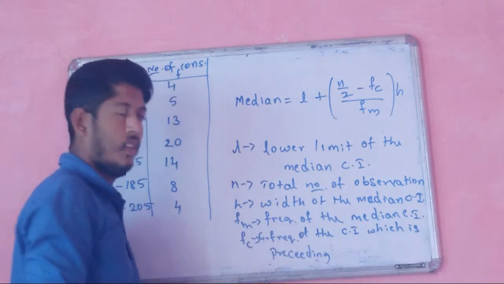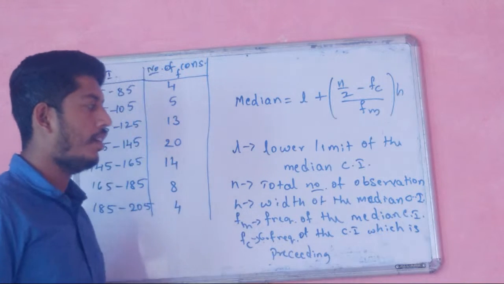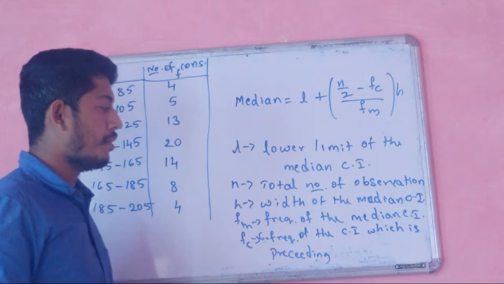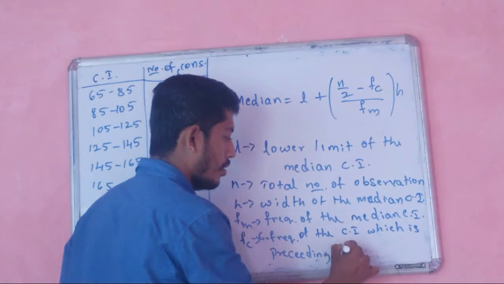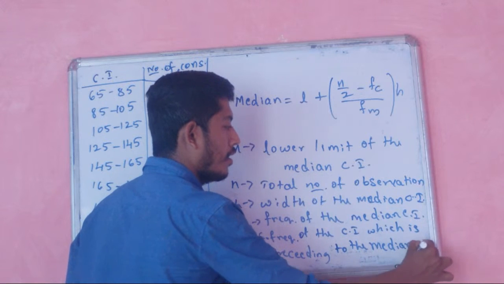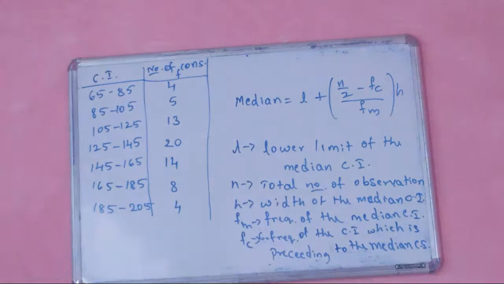I'll use C: cumulative frequency of the class interval which is preceding the median class interval. We just looked at the meaning of the terms.